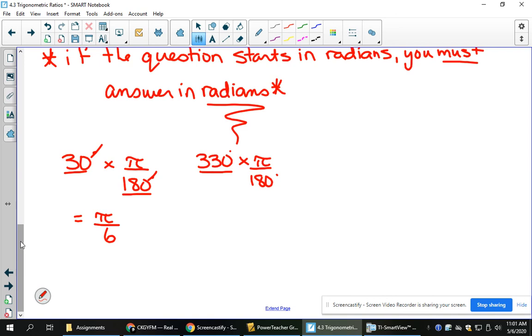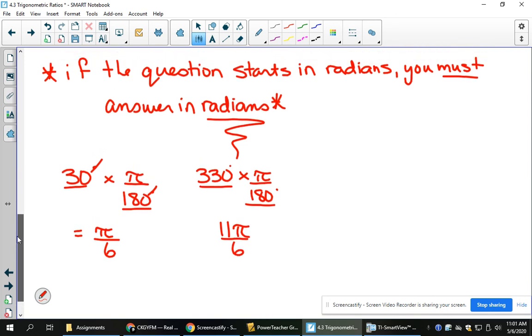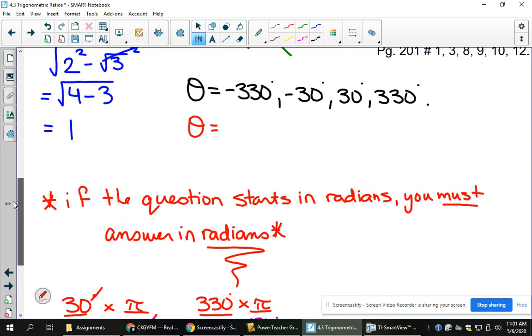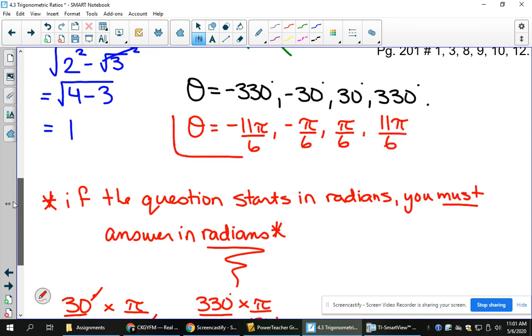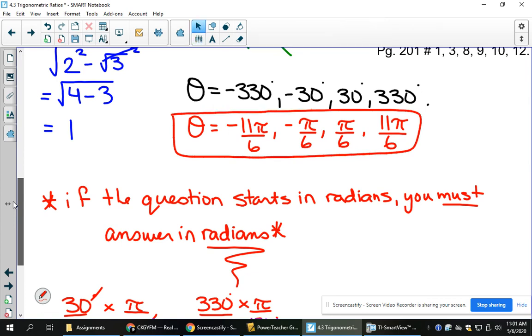I'm going to divide 330 and 180 on my calculator and I get 11/6 and I just pop the pi on the top. So my answers therefore are negative 11 pi by 6, negative pi by 6, positive pi by 6, and positive 11 pi by 6. So that is the full solution to this last question.